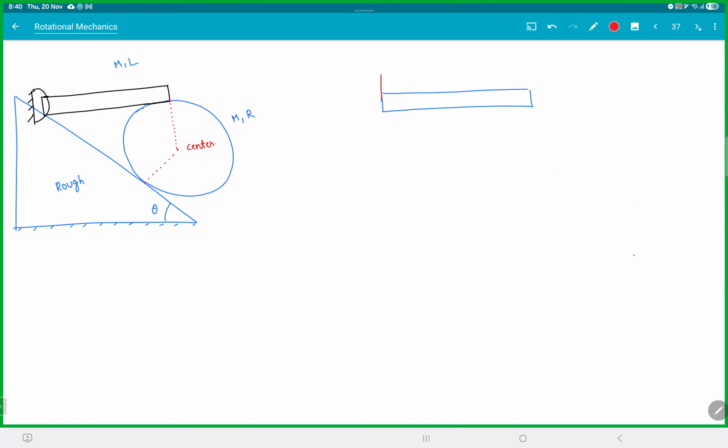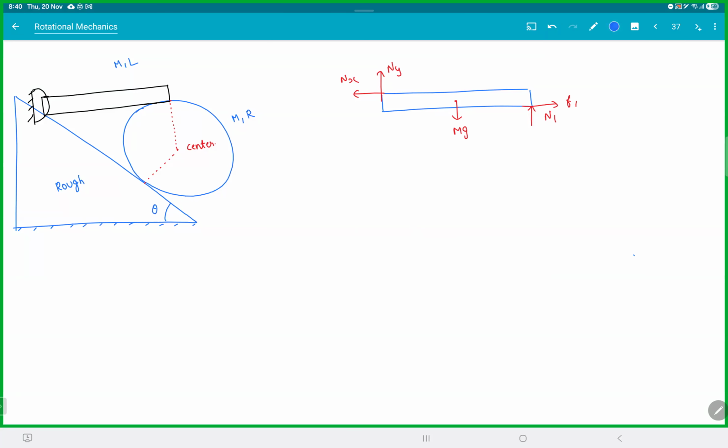Hinge reaction, Ny, Nx. This guy is pushing up, N1. And what about the friction? Think about this. If the cylinder is trying to go away, on the cylinder, friction will be this way. So on this rod, the friction will be this way. And its own weight mg. There, total 4 forces and 2 components of N. Check your free body diagram there.